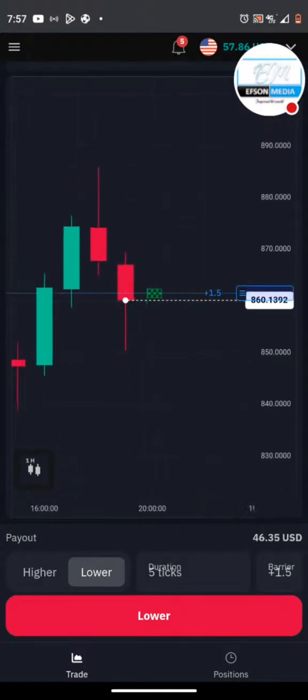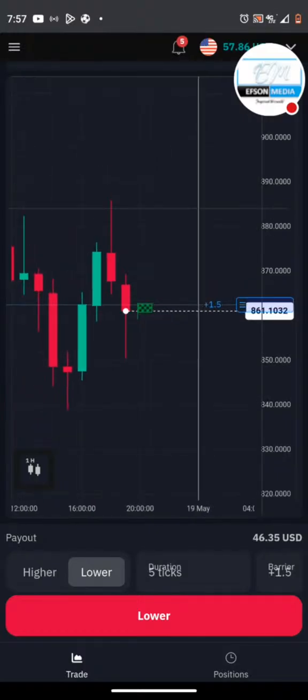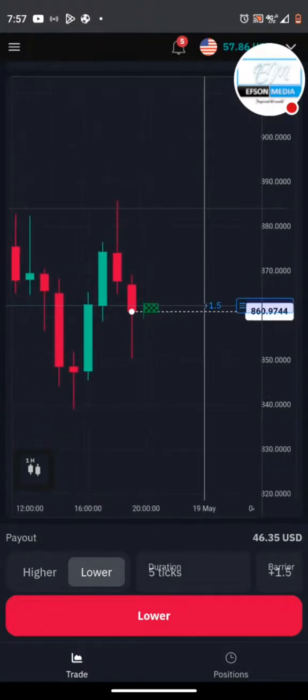Okay, so now basically the buyers in the market are pushing the sellers up. That's why you can see the pullback. See, now the green ones are near.